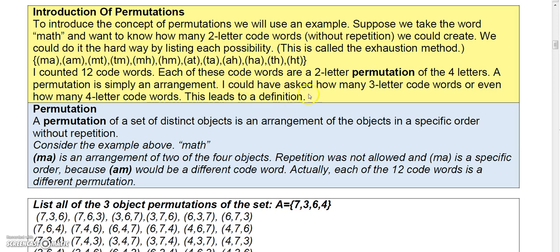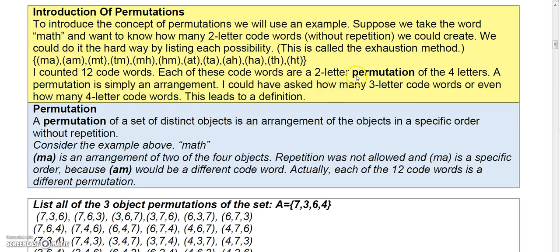Now I could have asked how many three-letter code words, like for instance MAT, MTA, ATM, etc. And I even could have asked how many four-letter code words I could have, like MATH, or HTAM, or TAMH, and so forth.